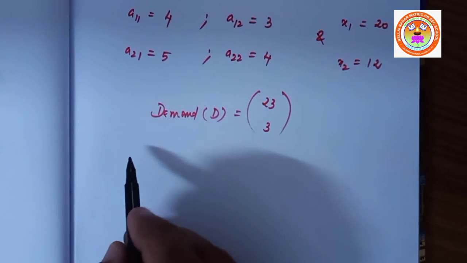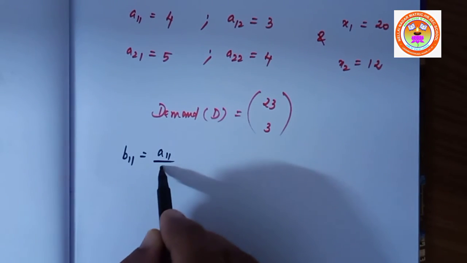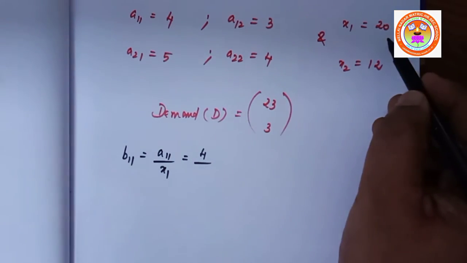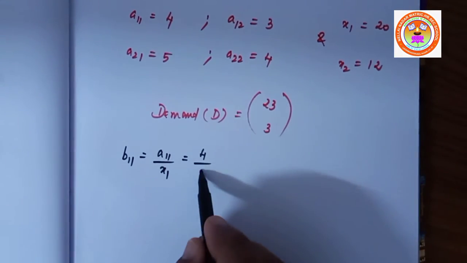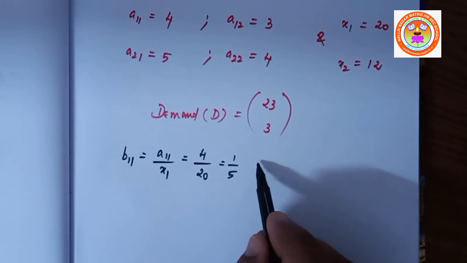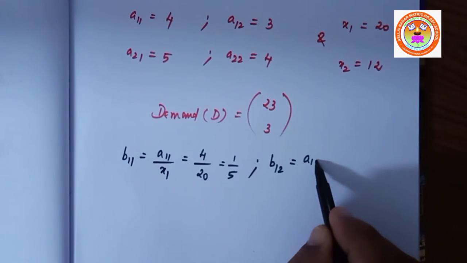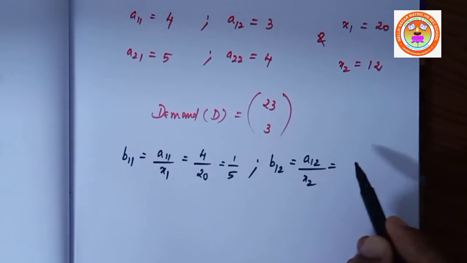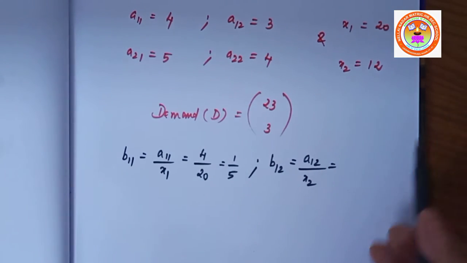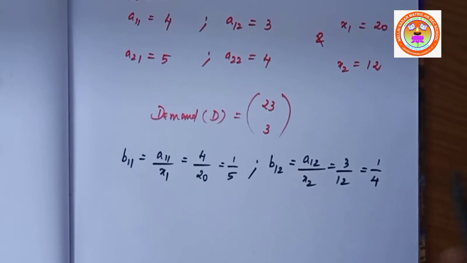First of all, you have to find out B11, that is equal to A11 divided by X1. A11 is 4, X1 is 20. If you simplify, you'll be getting 1 by 5, 4 table. Then B12 is equal to A12 divided by X2. A12 is 3, and X2 is 12, 3 by 12. If you simplify, you'll be getting 1 by 4.